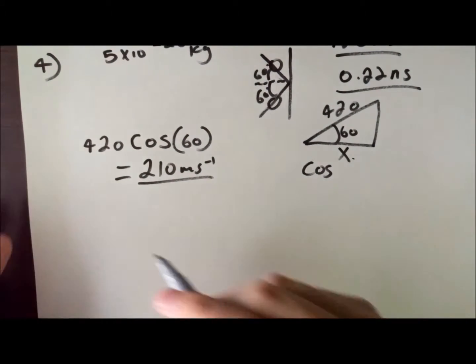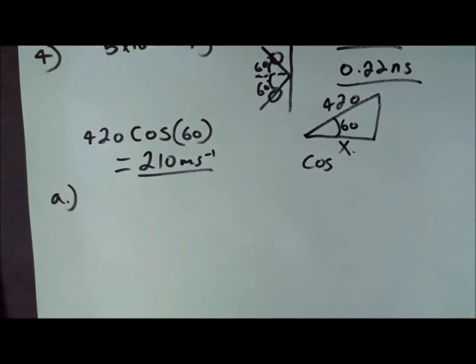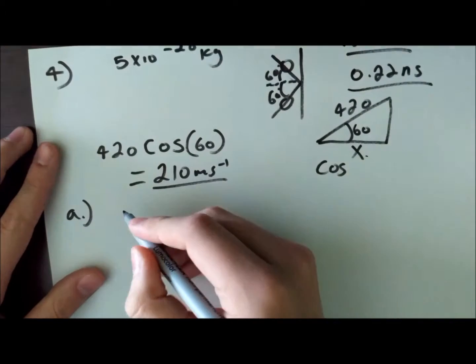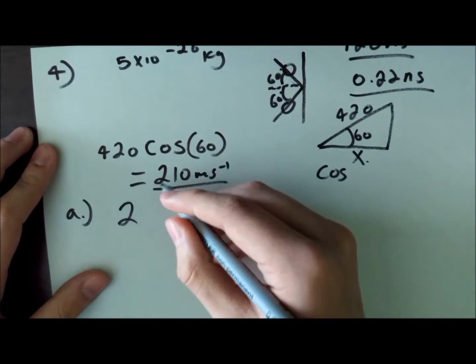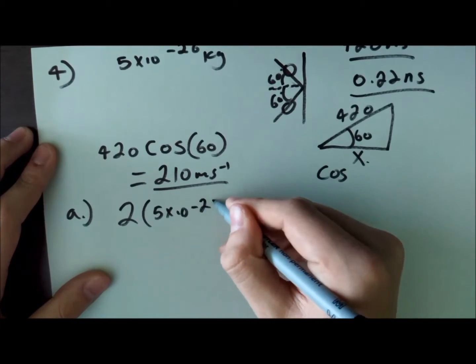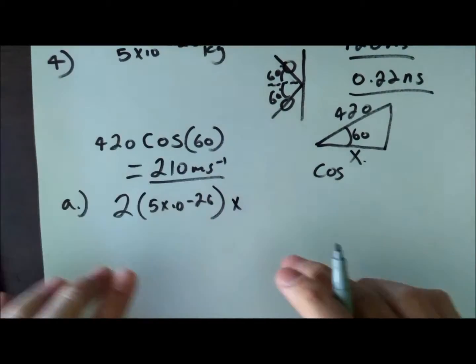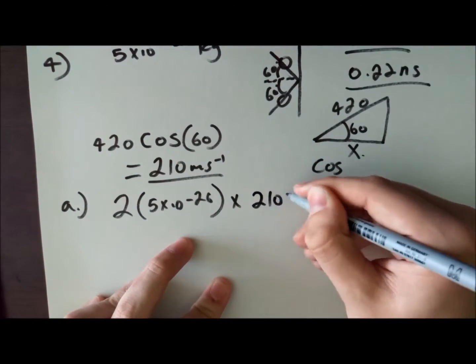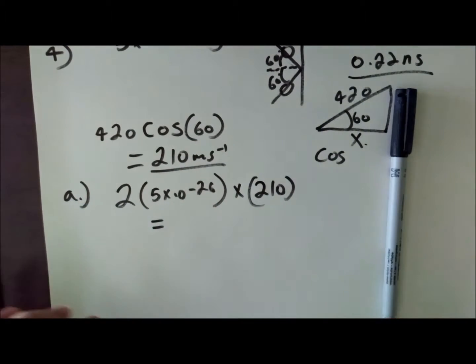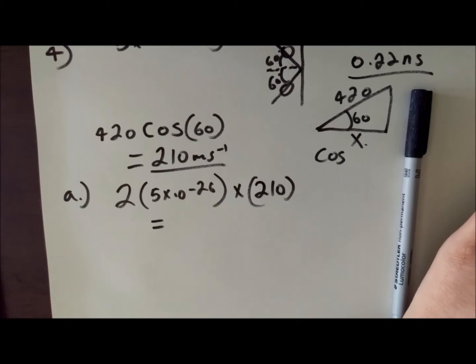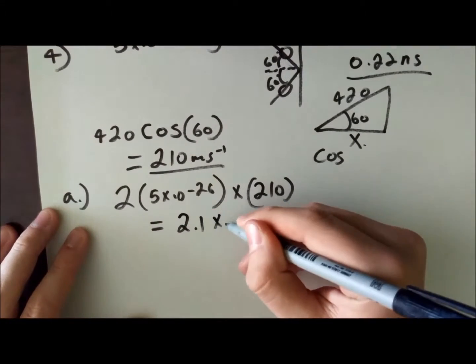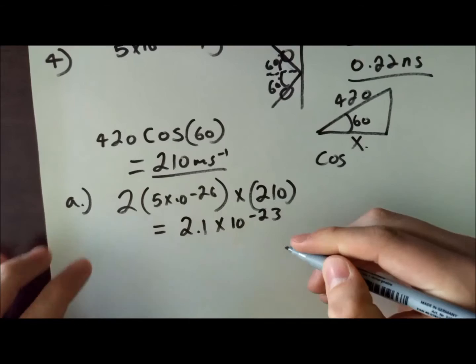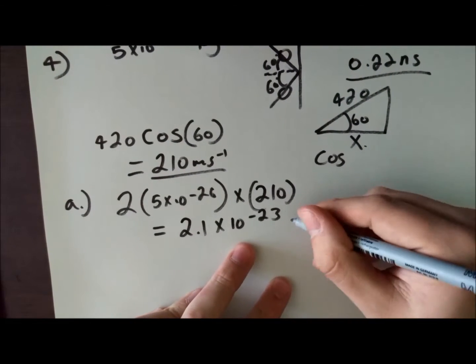Now, if we want to find the change in momentum, as we do in part A, we're going to need to do 2 multiplied by its mass multiplied by its component of velocity, which we've discovered to be 210. This gives us 2.1 multiplied by 10 to the power of minus 23. This is our change in momentum.